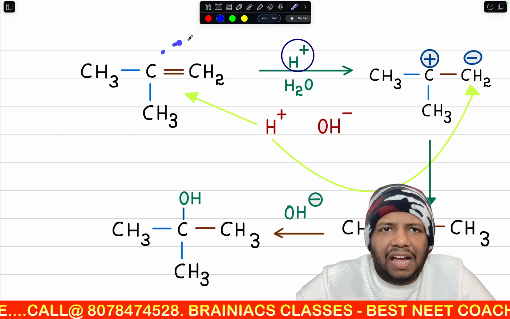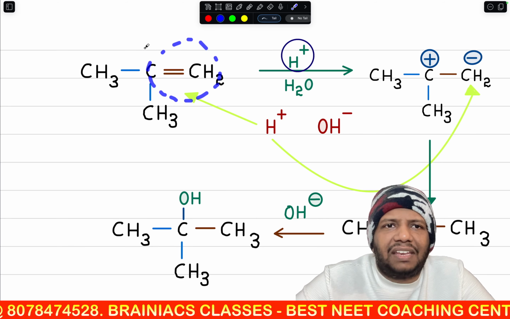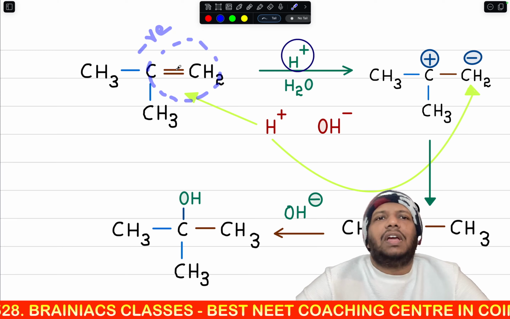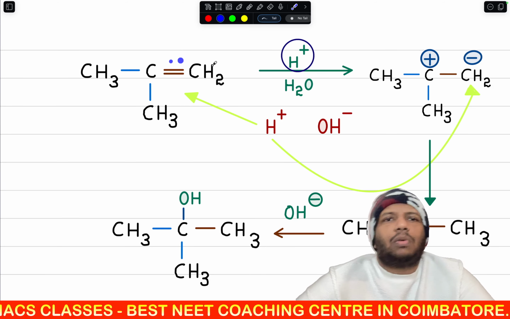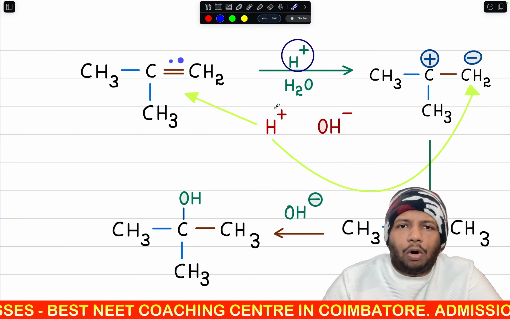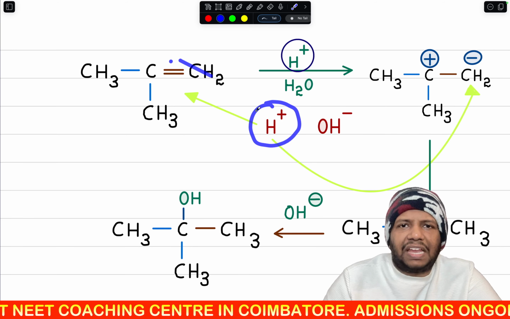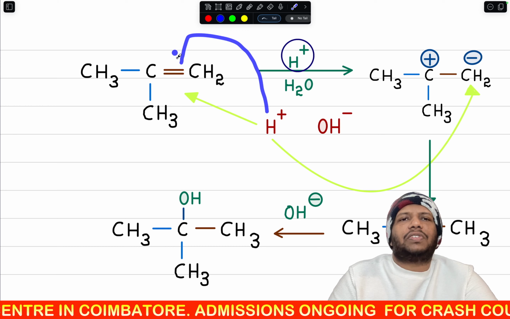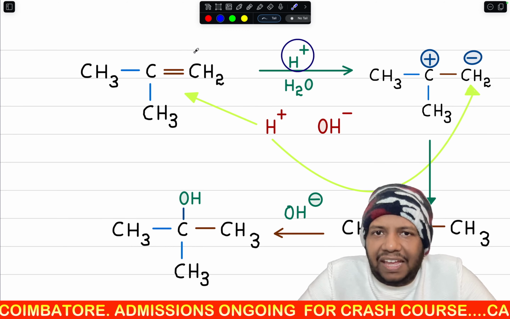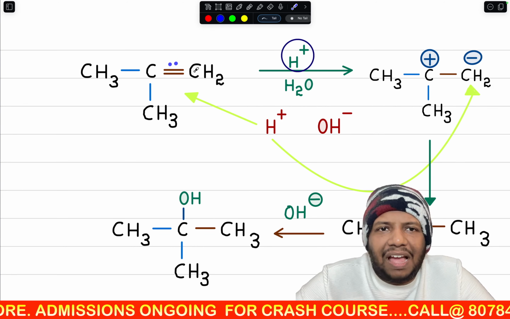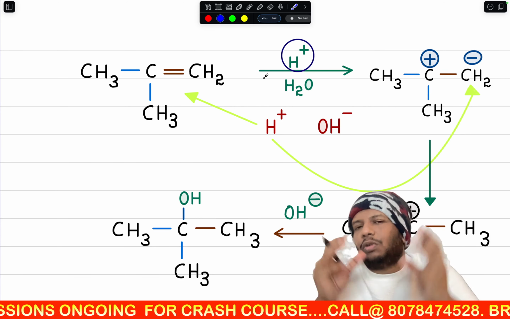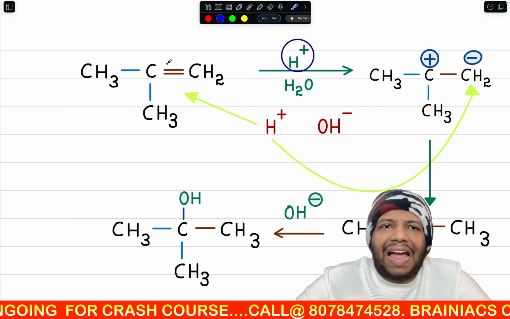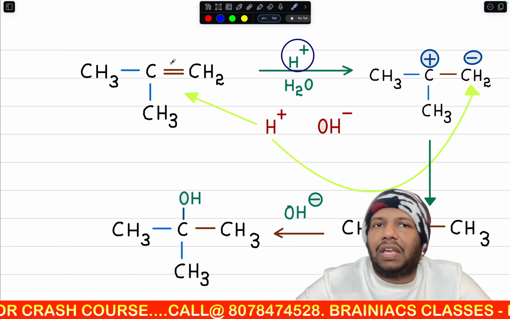So this area has what cloud? A negatively charged cloud is present because of the pi electrons. So who will come and approach this one? The oppositely charged species, that is the electrophile, will approach this particular compound first, like this. The pi electrons have a tendency of attraction, there is a Coulombic force of interaction, and the pi bond will undergo polarization.